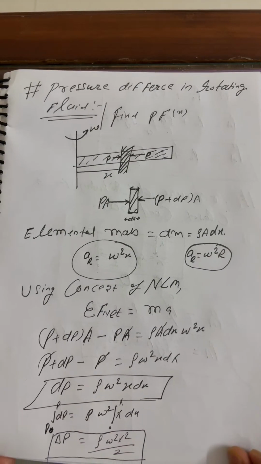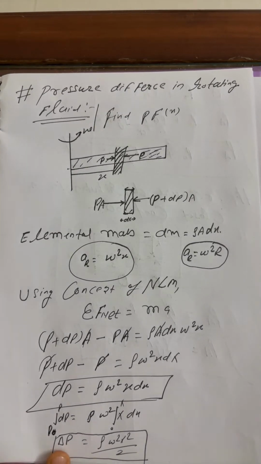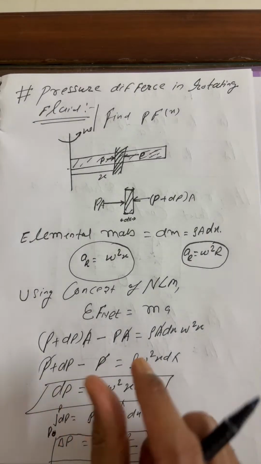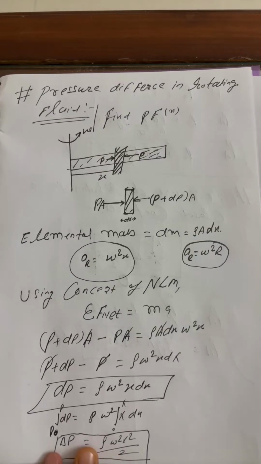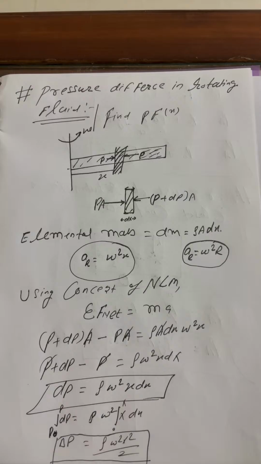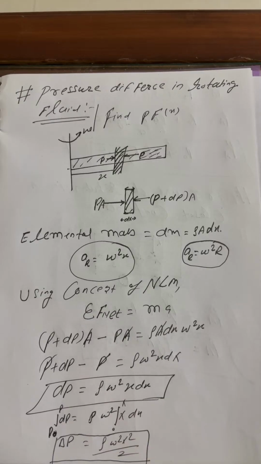Keep in mind, this is the pressure difference due to the rotating fluid as a function of x: rho omega square x square by 2. For delta P, you can again categorize two things: plus rho omega square x square by 2 and minus rho omega square x square by 2, right?